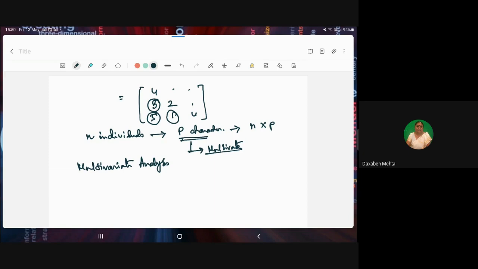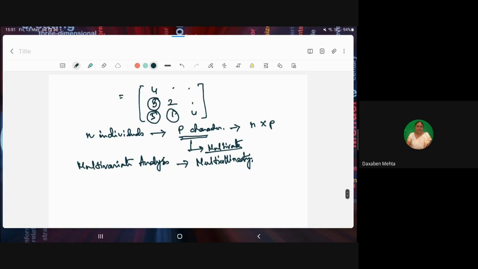Then one important problem is multicollinearity, and we must be careful about this. PCA, what PCA is doing is basically combining multiple correlated variables into a single index. And then we go for multiple regression.